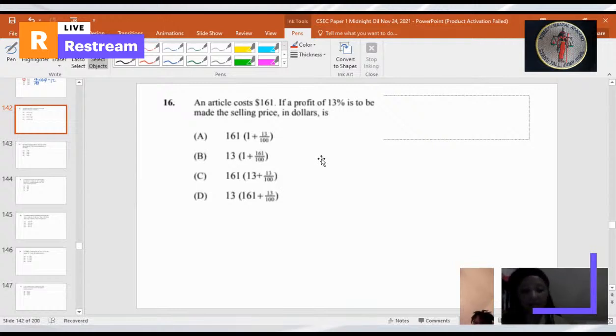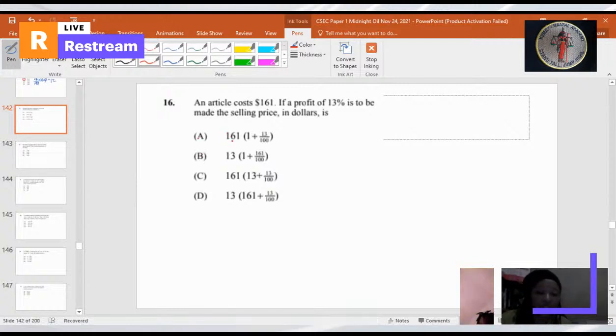So you're selling it back. If you're making a profit of 13%, it would be the cost of the thing plus 13% of the thing. So it would be A then. At first we thought it was an 11.